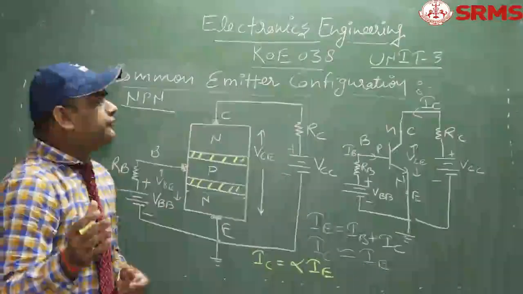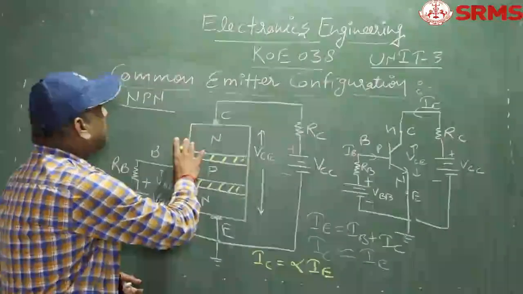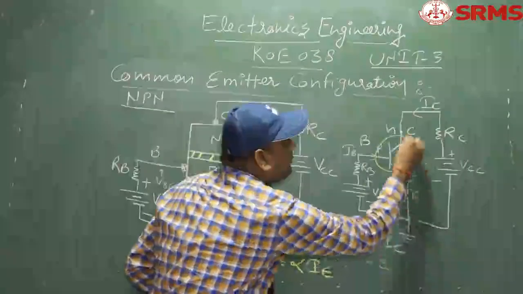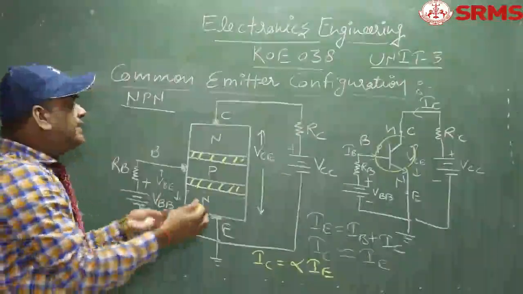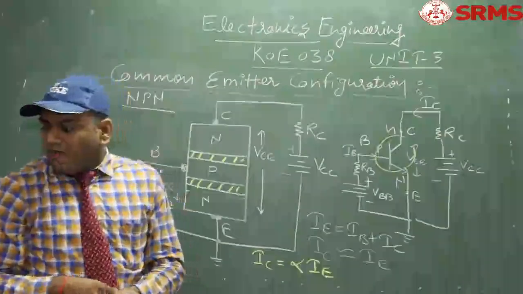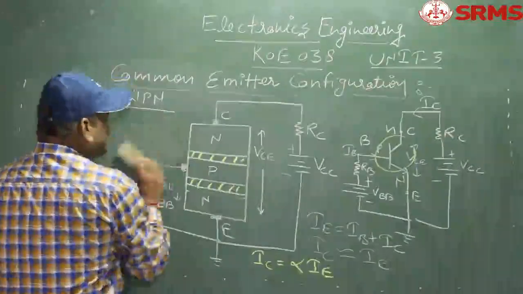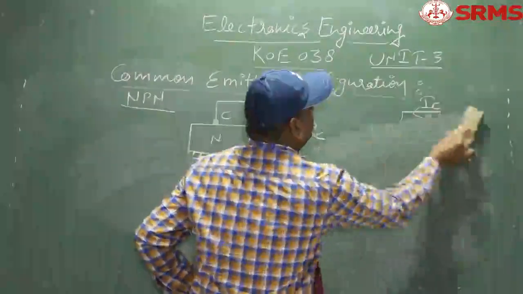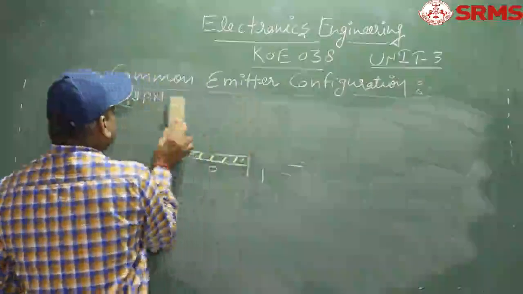Right now, you have to focus on this configuration. This is basically common emitter configuration. It has been drawn with the help of symbol, and also with the help of the structure. Now we will discuss the current relationship for the common emitter configuration.